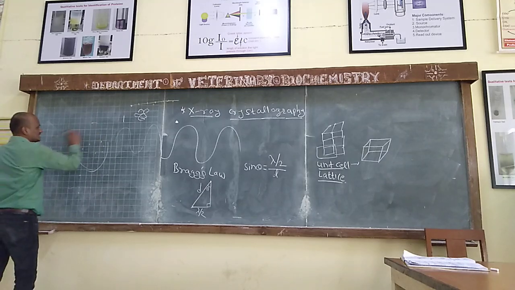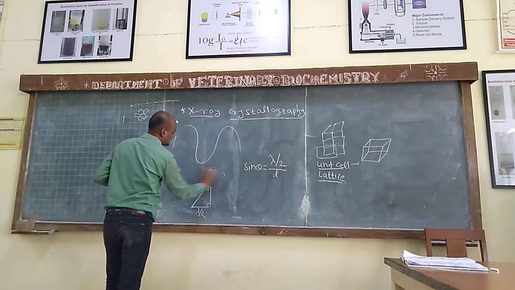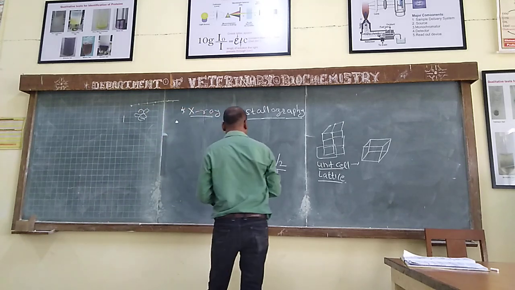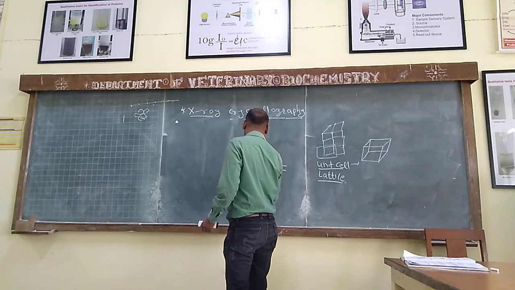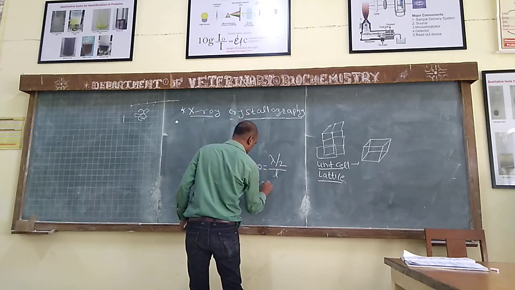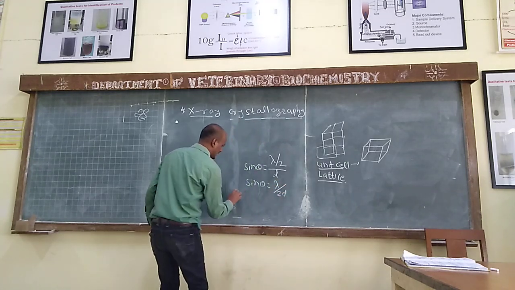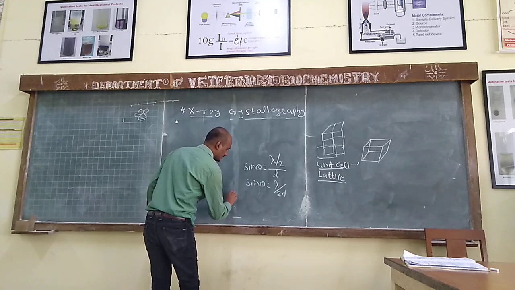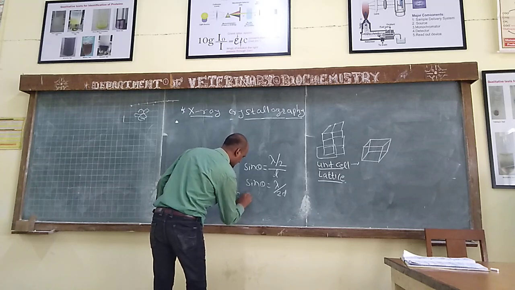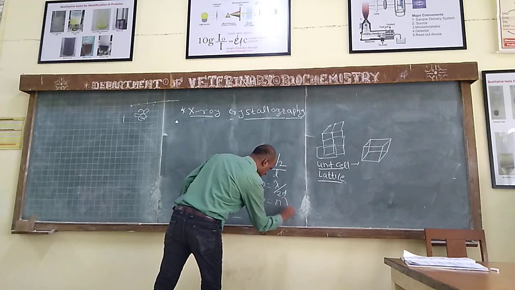So what happened in X-ray crystallography is that during the crystal structure determination, based on Bragg's law, we can determine the diffraction angle, this theta. If you rearrange this, it will become sin theta is equal to lambda by 2d, and 2d sin theta is equal to n lambda.